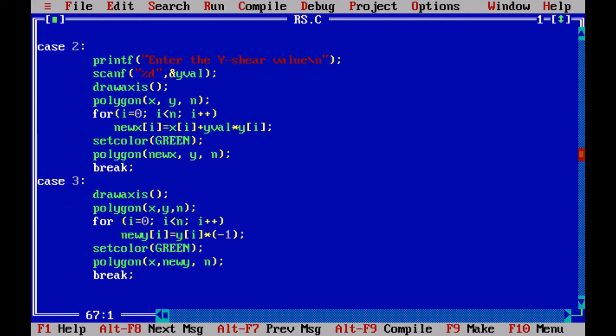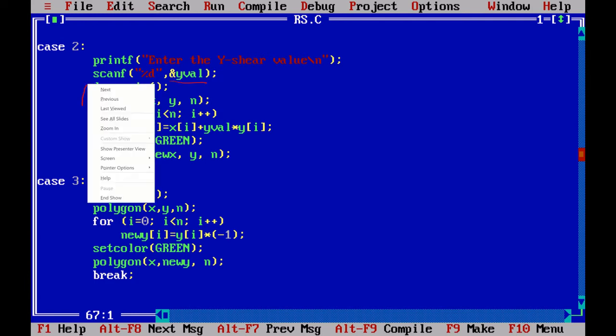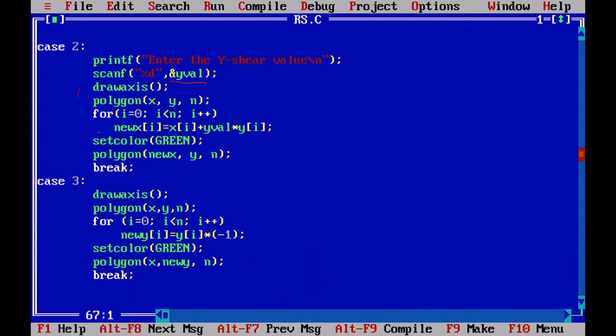Case 2, that is y shear. In y shear, we will get the input for the y shear value. We will draw the axis and the input polygon and go for a for loop to calculate the new x value. We will change only the x value and keep the y value as it is, that is y shear. Then case 3, that is reflection with respect to the x axis. When you say with respect to the x axis, the y value will change from negative to positive and positive to negative.